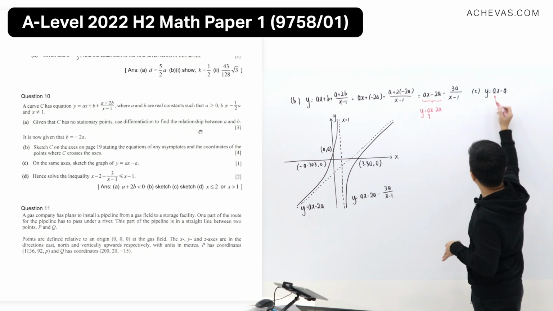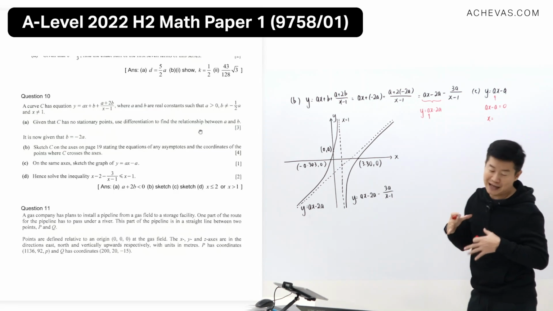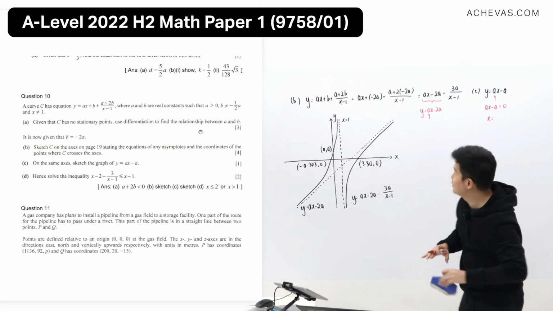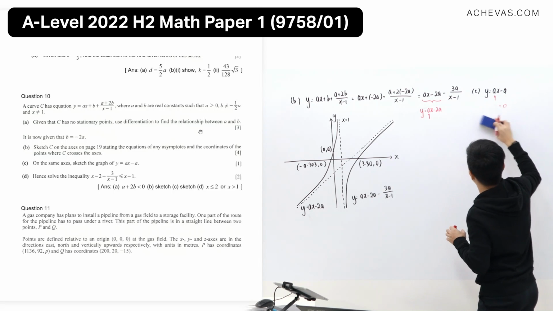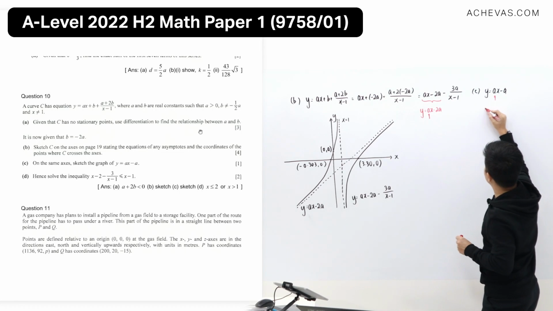That is pretty easy. If I were to let y be equal to 0, sorry, we should be letting x be equal to 0. My aim is to find the y-intercept. So when x is equal to 0, y is equal to minus a.